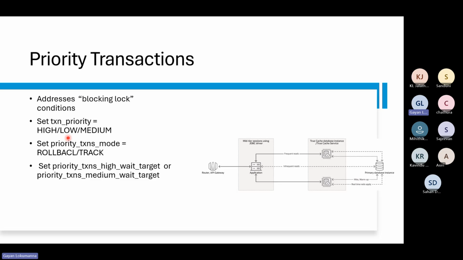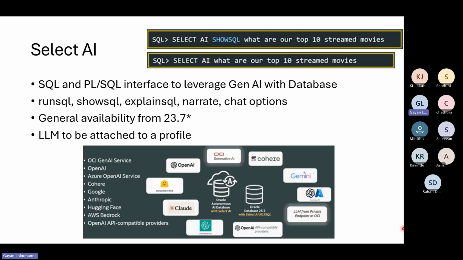Right? So anything higher than that will be given the priority upon the time exceeding that you set in this parameter. Right. So that's about priority transactions, which is again a new feature that you find in your AI database.